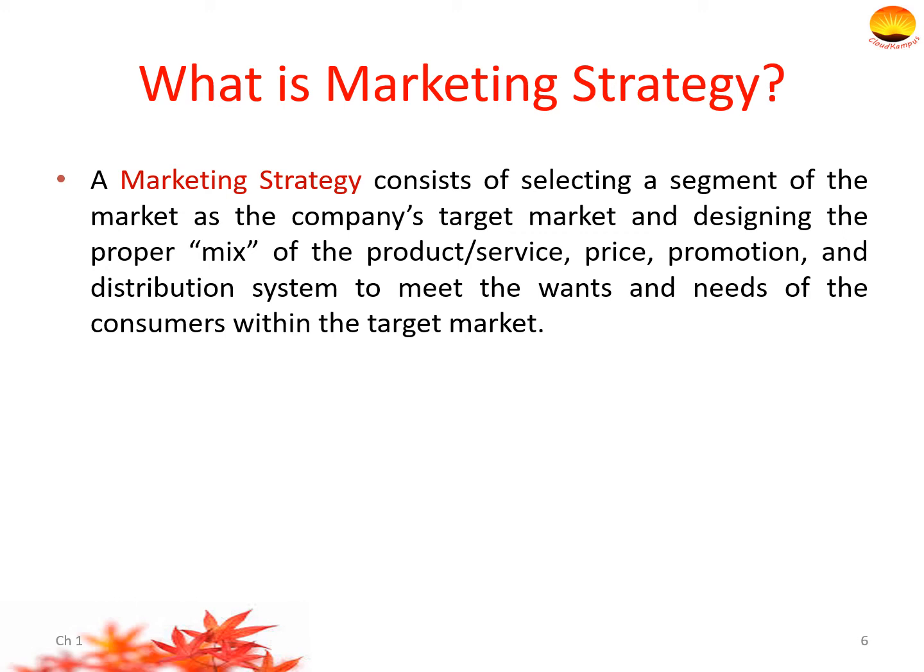As a marketer, you need to understand whether your target market is babies, adults, old age people, males, or females. Accordingly, looking at your customer, you decide your product and service, you fix the price, and promote and distribute your product accordingly.